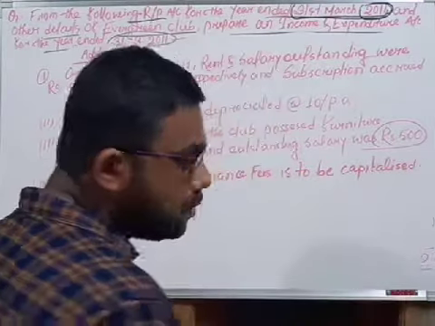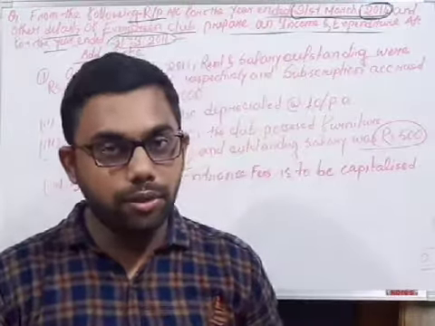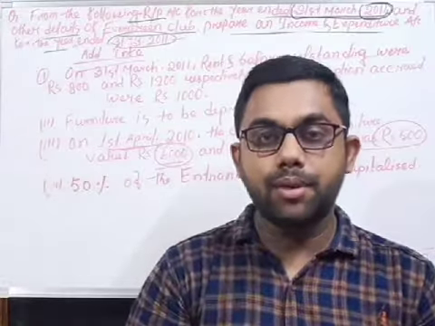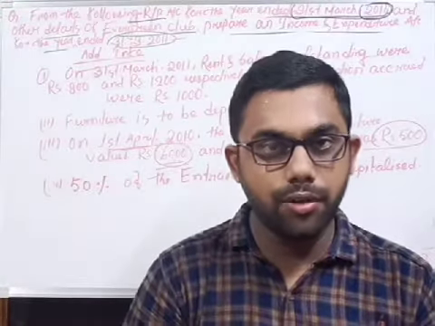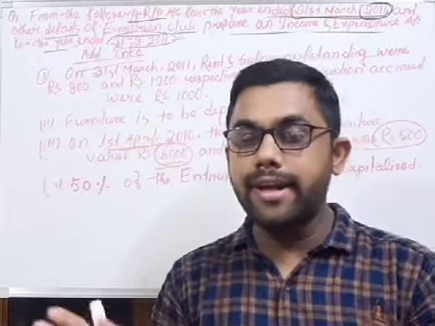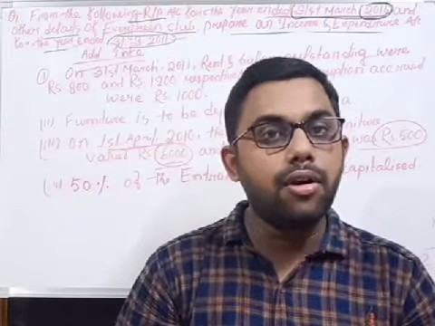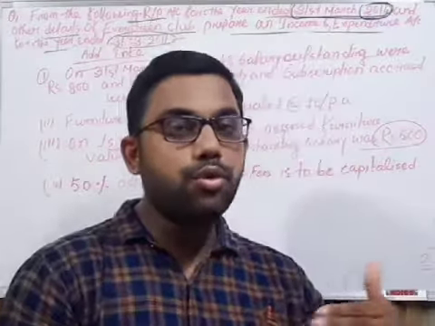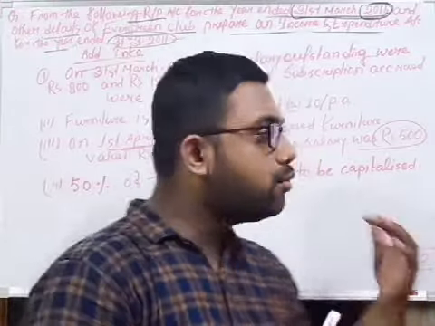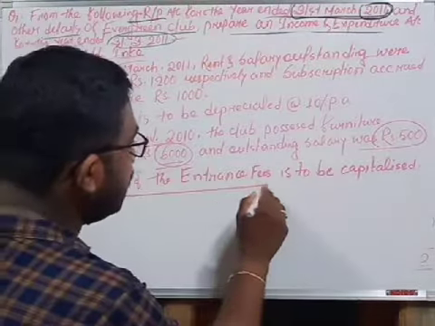Okay, when we find the entrance fees, I have told you that entrance fees is received only once during the lifetime of the non-trading organization from the member. But we have to look for whether any adjustment regarding entrance fees is given or not, that means whether we should treat it as capital receipt or revenue receipt. In that question it says that 50% of the entrance fees is to be capitalized.